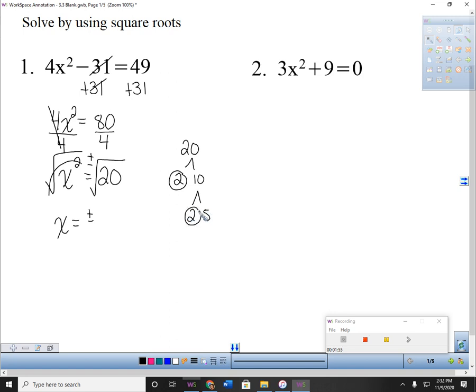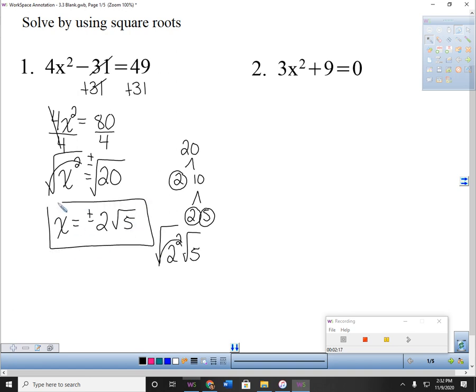So I have 2 of the 2's, and then I have a 5. So this will be my perfect square, and this is the prime number that's going to stay in there, right? So if I square root each of those, I end up with 2 square roots of 5.